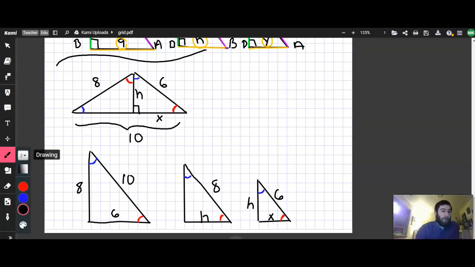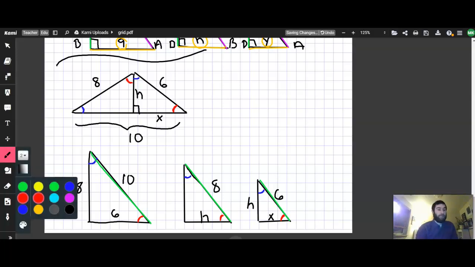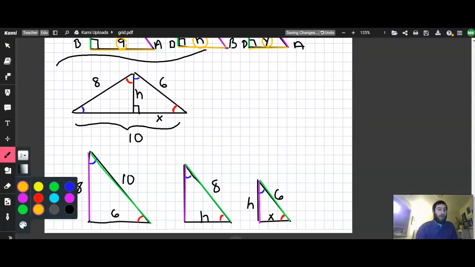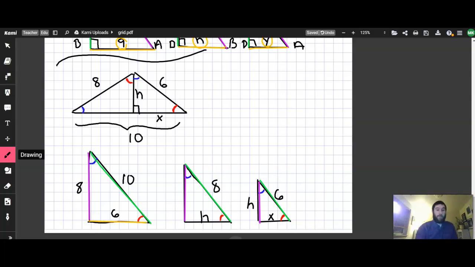So, once again, matching up sides, all of the hypotenuses are going to match up. All of our vertical lines are going to match up. And all of the bottoms are going to match up.